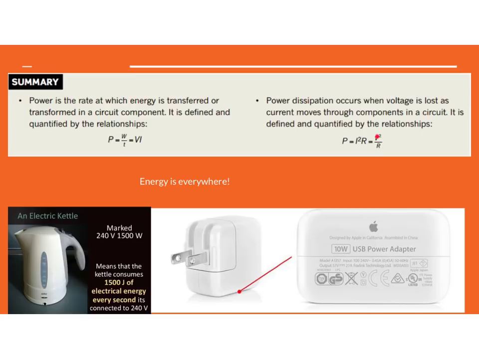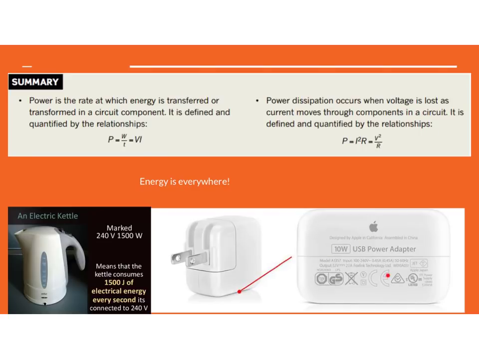Then we can rearrange the power formula into any of these forms, whichever one we feel is relevant. It is the most important feature, and most electrical devices will have the voltage and the power written on it. So if we're buying a kettle and want it to boil faster, we're going to need a larger powered kettle.